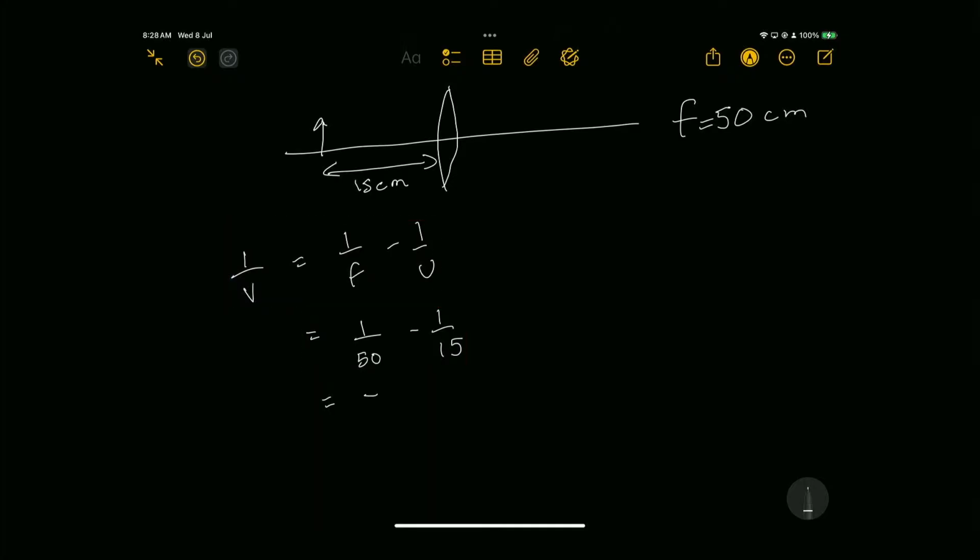This is negative 7 over 150, right? So v would be equal to negative 150 over 7.